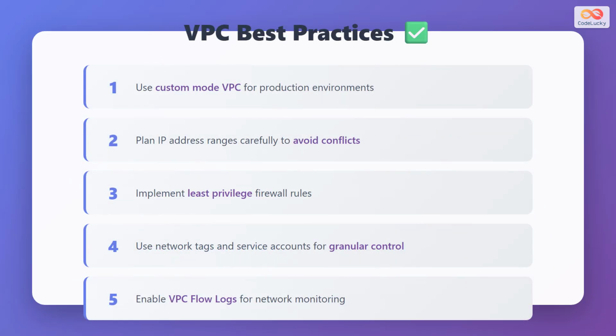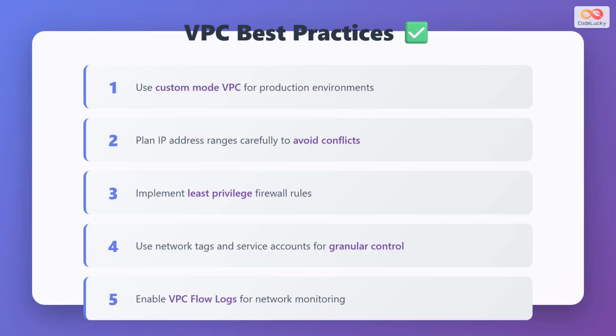Let's wrap up with 5 essential best practices for working with VPC networks. First, always use custom mode VPC for production environments to maintain complete control over your network design. Second, plan your IP address ranges carefully to avoid conflicts, especially if you're connecting multiple networks or using VPN connections. Third, implement least privilege firewall rules, meaning only allow the minimum traffic necessary for your applications to function.